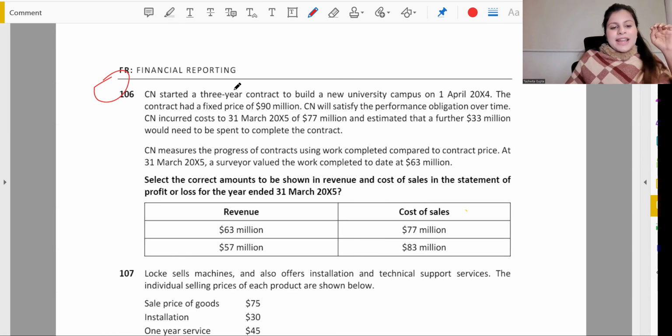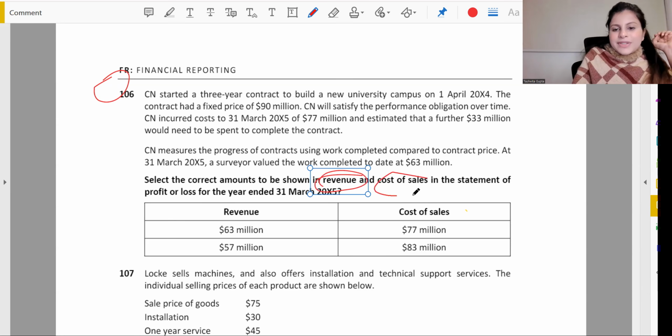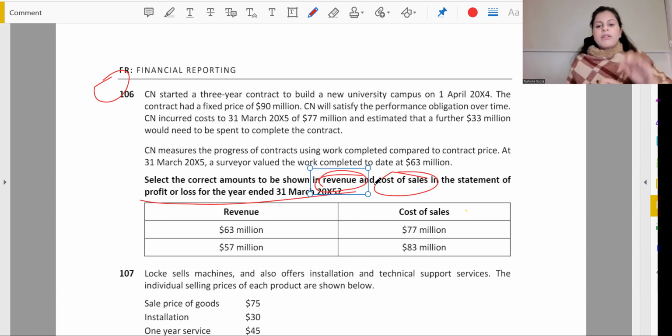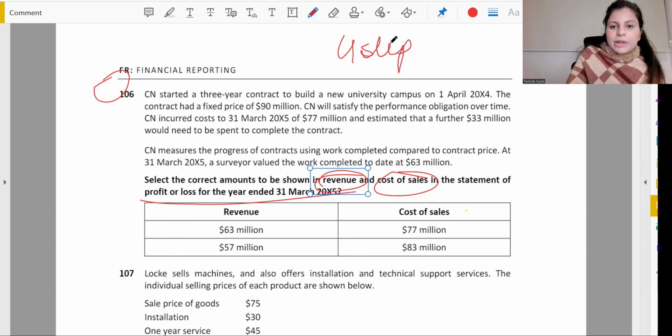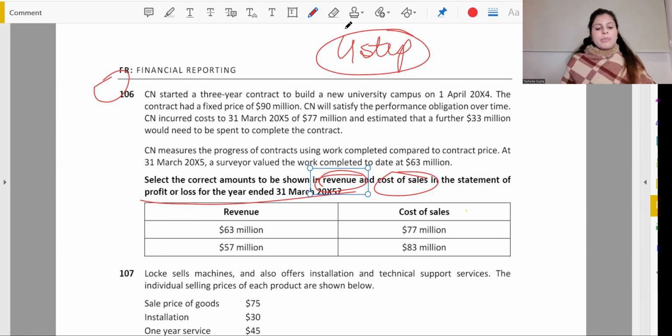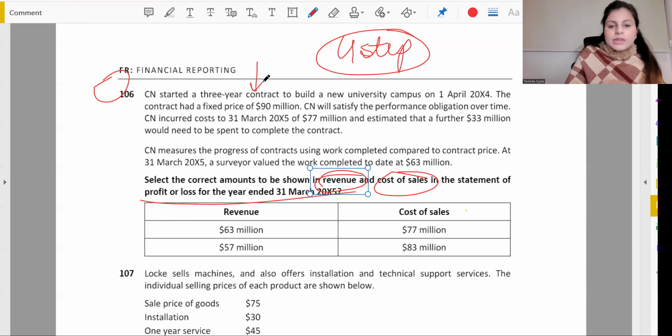Here they're saying select the correct amount to be shown in revenue and cost of sales in the statement of profit and loss. So once again, they're asking you something related to that 4-step approach. So I kept one more question to practice that 4-step approach because it's very important from revenue. So CN started a 3-year contract to build a new university campus.